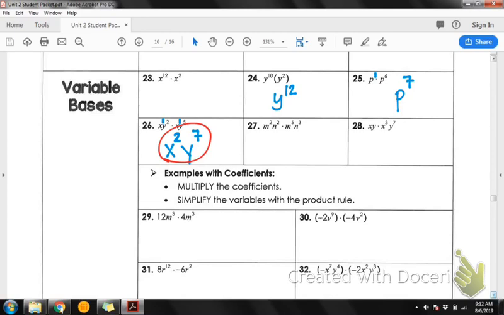Devon, how many M's do you have? 7. So we have M to the 7th. N to the what, Devon? 5th. N to the 5th? You guys agree with that? Anyone have any questions on that? Seems pretty easy, right? Okay, try 28.